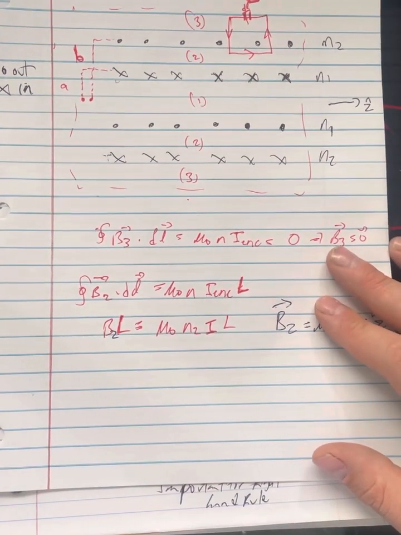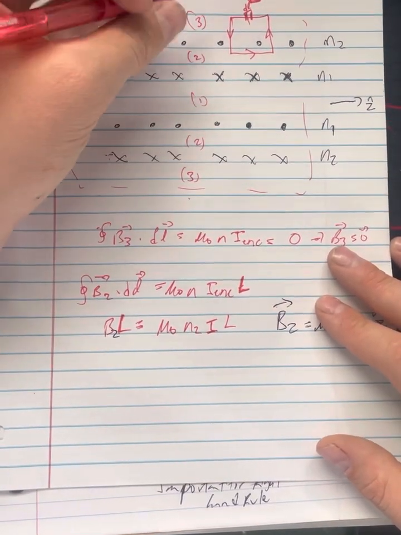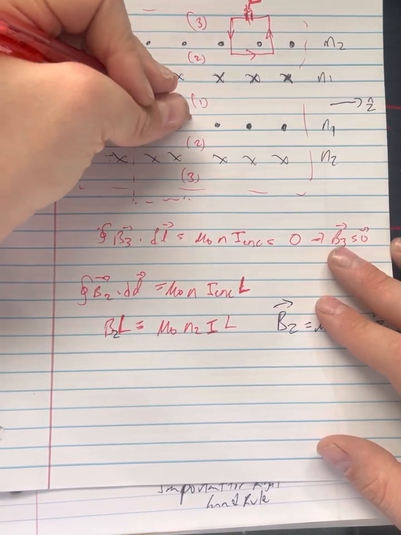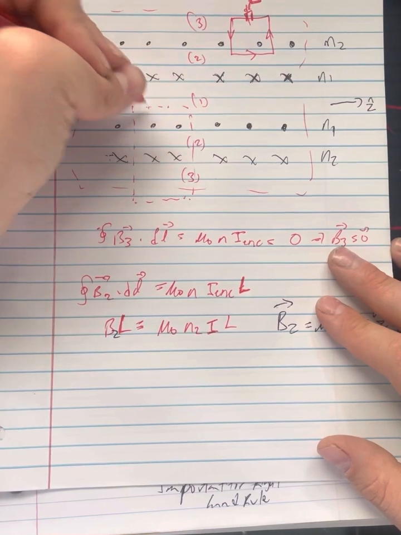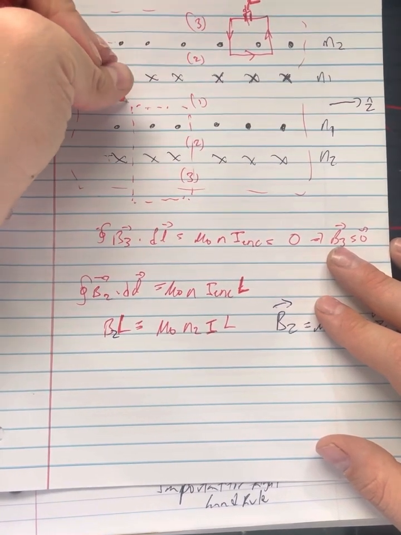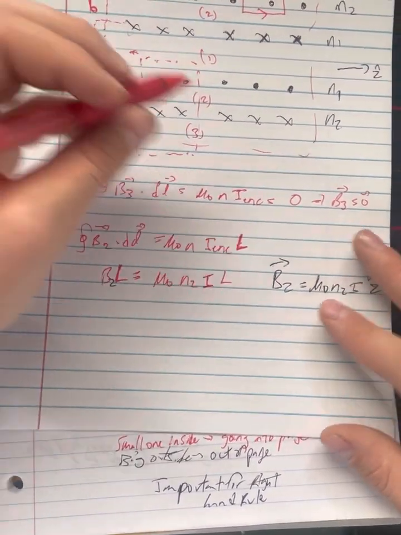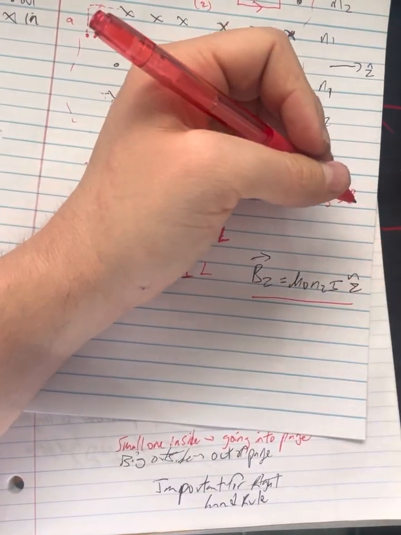For our third, inside the inside solenoid, we draw our Amperian loop, and now it covers the inside of 1 and it covers 2. So we already have this contribution.